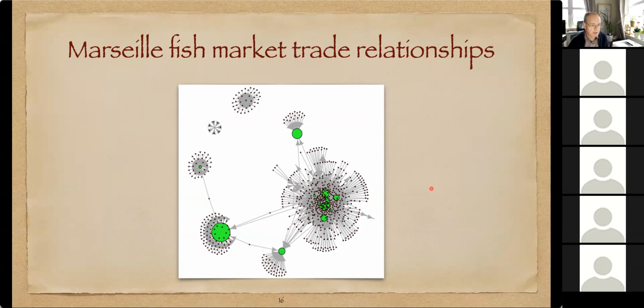So it's a real market hall where the fish is displayed. People come and they will buy quantities of this displayed fish. And the green blobs are traders, sellers of the fish, and the little red dots are buyers of fish. And as you can see, the size of the blob is the revenue that is generated in the market by these sellers, essentially.